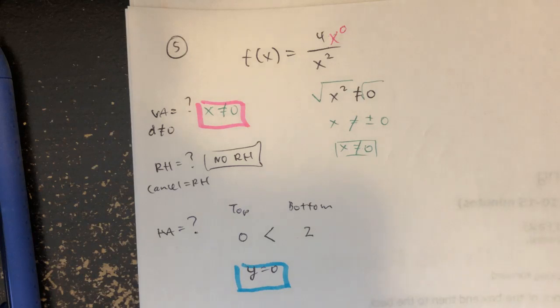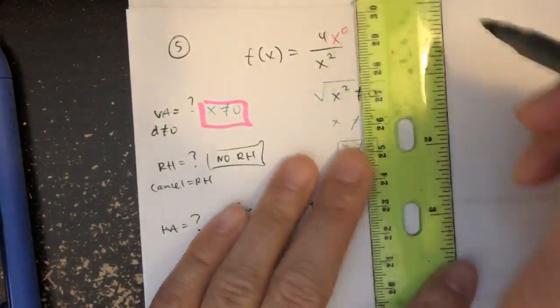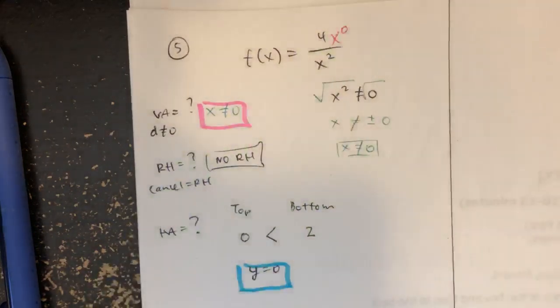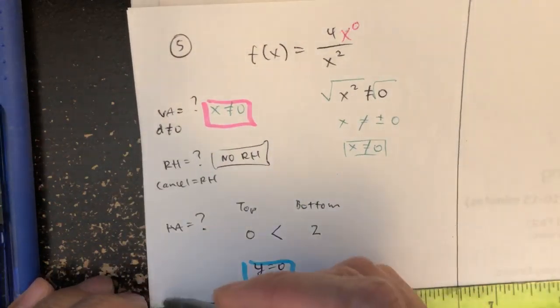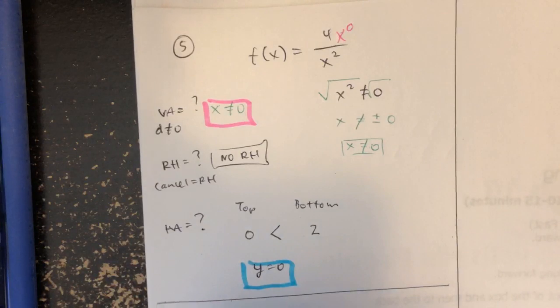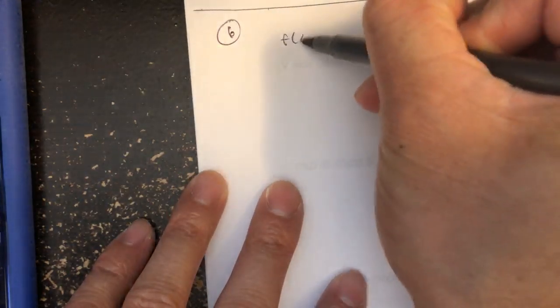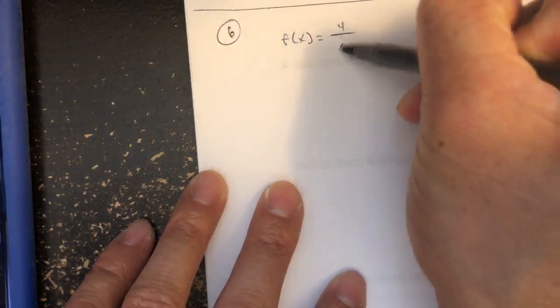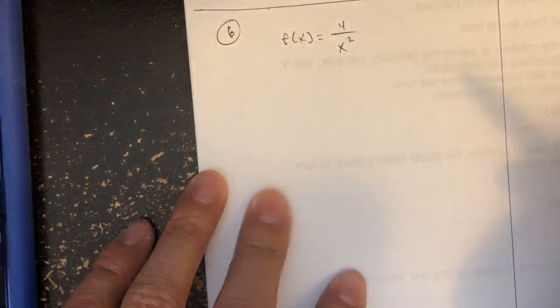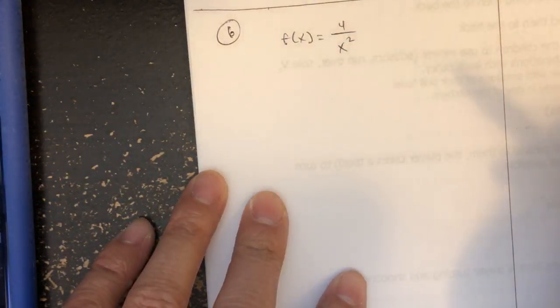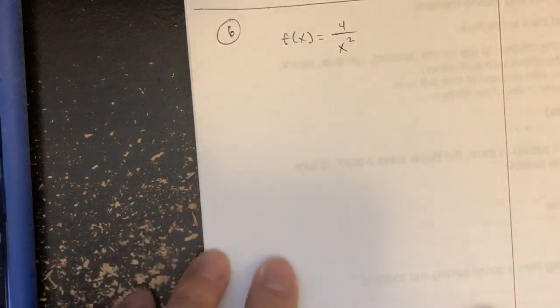All right, question number 6. Question number 6 says, using the characteristics in question number 5, so I know that's f of x equals 4 over x squared, complete a table of values with at least 5 points.